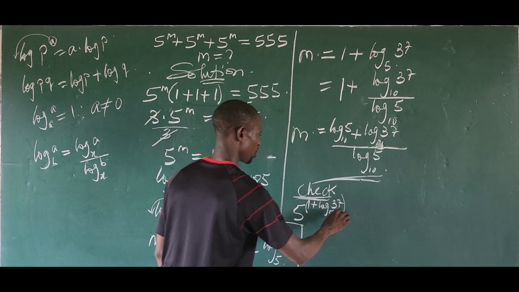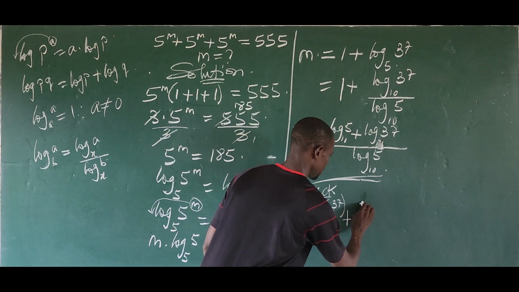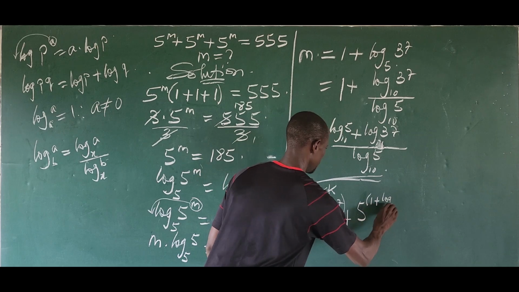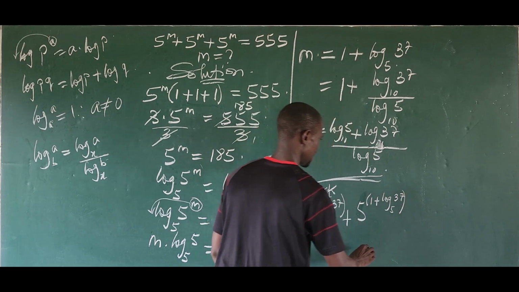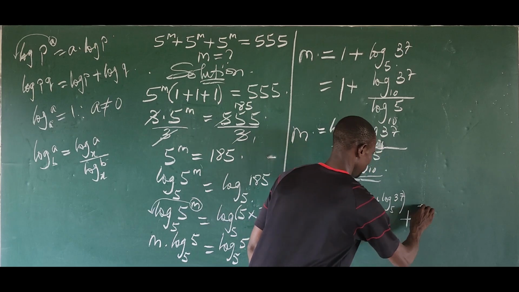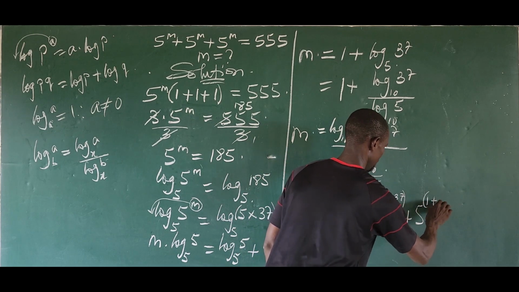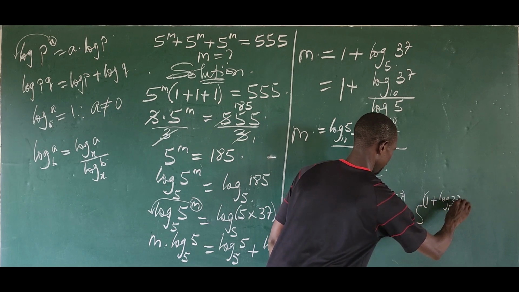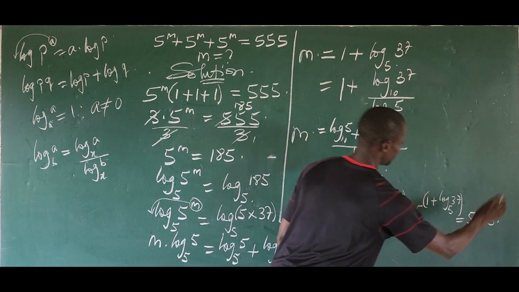This is for the first one. Plus 5 to the power of bracket 1 plus log 37 base 5 close bracket, plus 5 to the power of 1 plus log 37 base 5 close bracket. This is equal to 555.